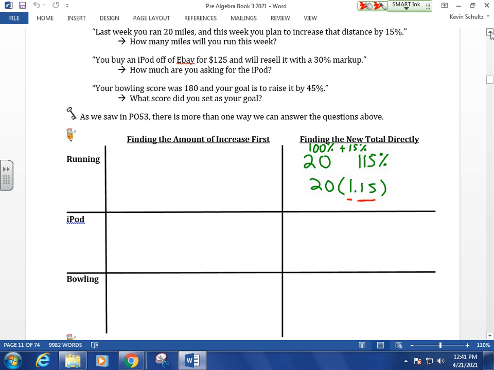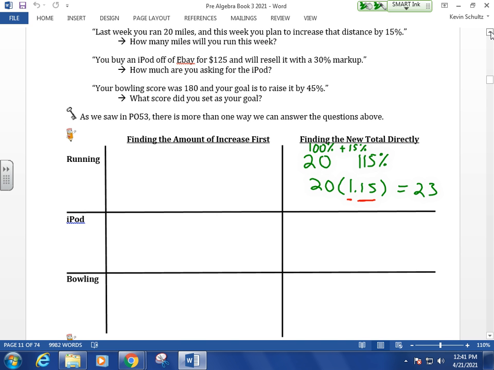So if you go to your calculator, and on this section of the test, you will be able to use a calculator, this section and every other one after this. 20 times 1.15 gives you 23, which means that next week, you're going to be running 23 miles. You've increased your original amount, 20, by 15%, which brings you to 23.